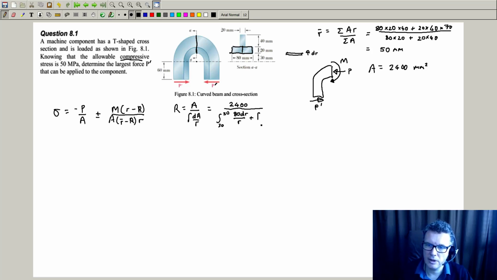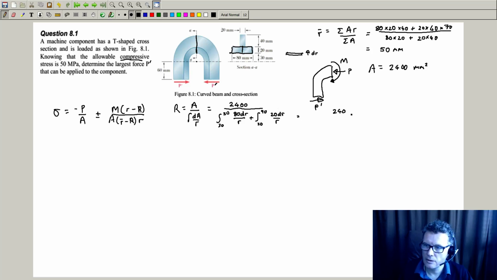And then we want to integrate from 50 up to 90. Its width is 20, delta R over R equals.